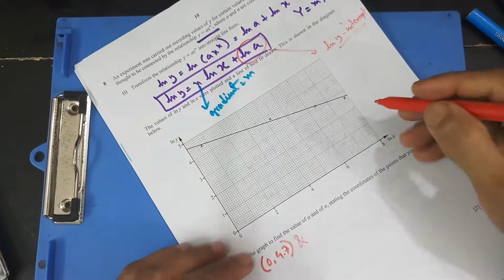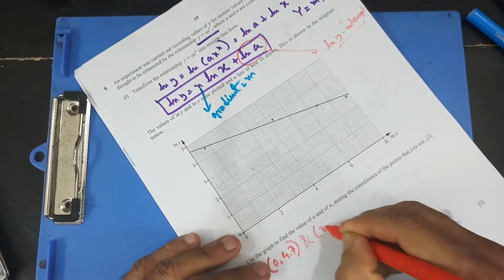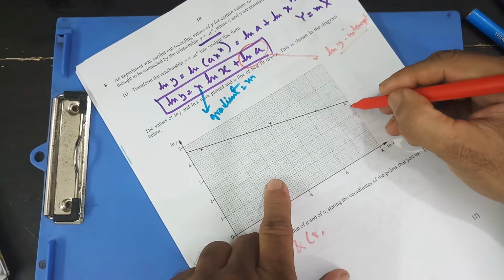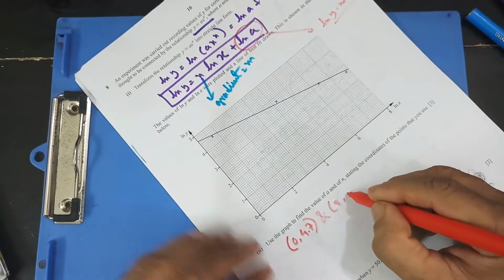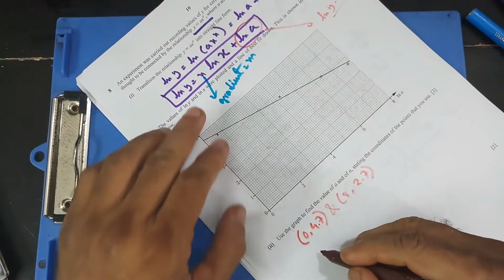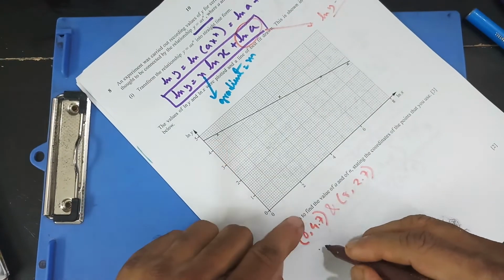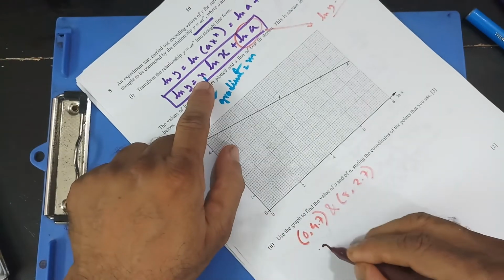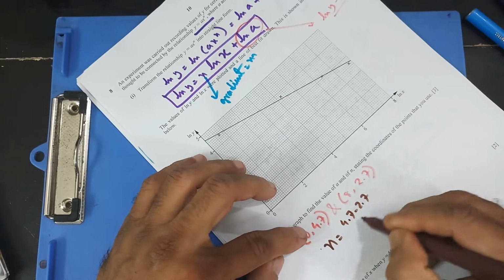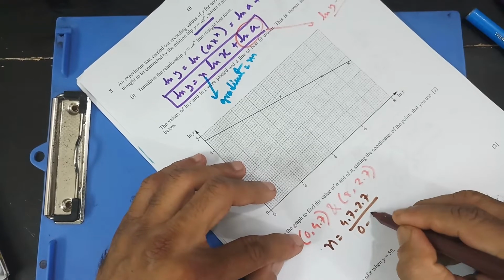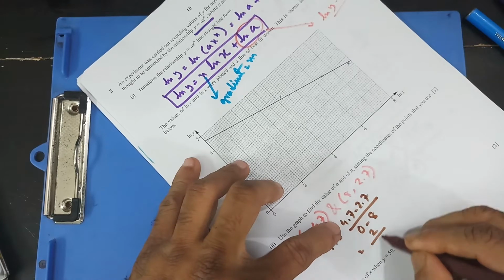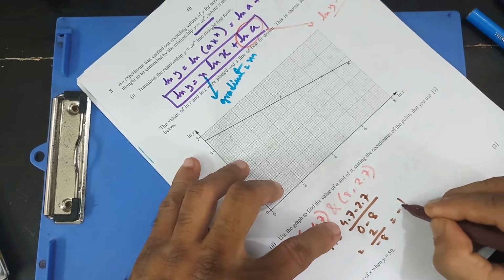And the last one, x's value is 8, and here is 2.7. Okay, so n or m, in this case n, is going to be the difference in y-axis. So 4.7 minus 2.7, and below here 0 minus 8. So 4.7 minus 2.7 is going to give me 2, over minus 8, that's going to be minus 1 by 4.